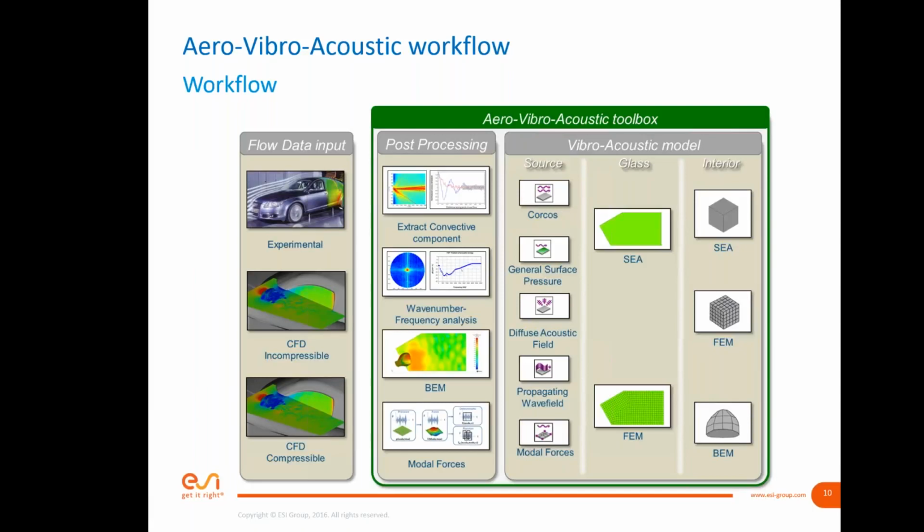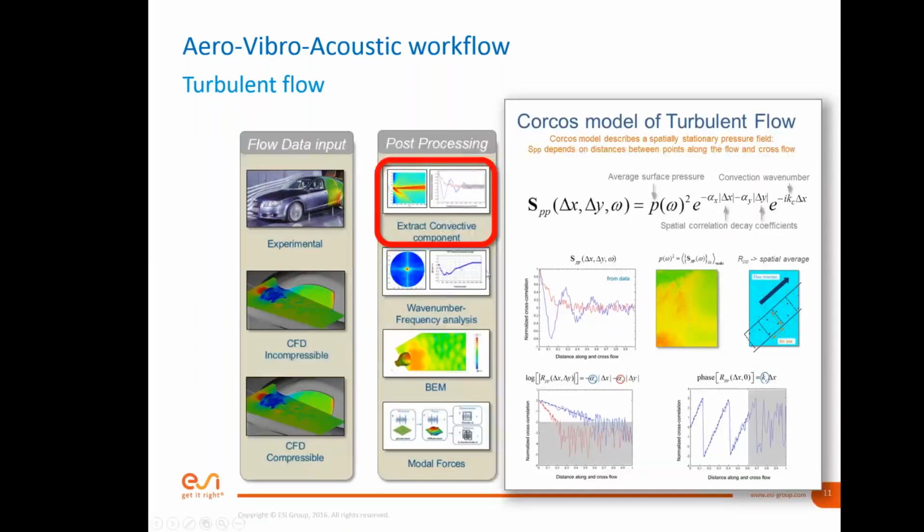So for this, I will review the different types of processing. This first one is just to fit the spectrum and the data needed for defining the Corcos type of load.